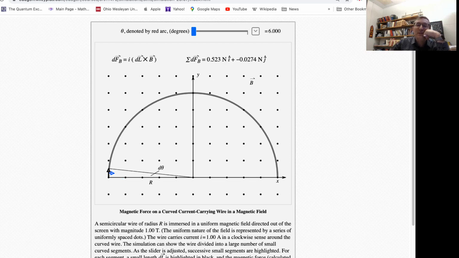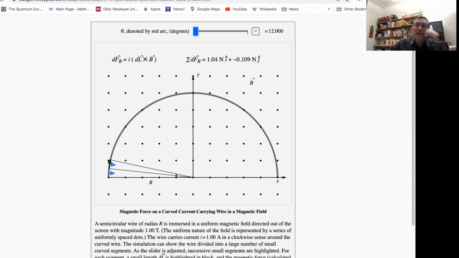But then we have to proceed to the next little segment. Boom. Now that little segment dl is bent over a little bit compared to the first one because the wire curves. But I still do I dl cross B, and I get the force on that piece, and that's that second blue arrow labeled dF. And then what the animation did is it's added the x components of these two forces and then the y components, and it's showing the total there at the top.